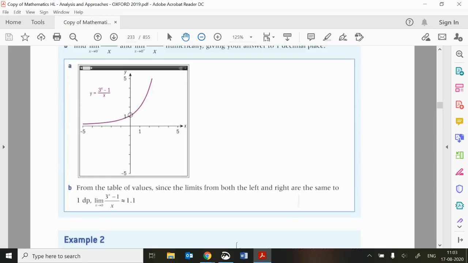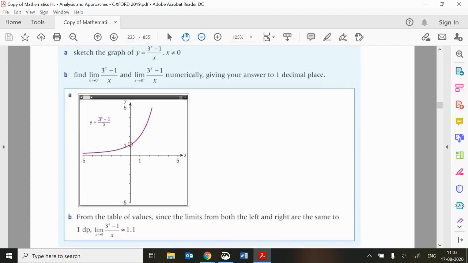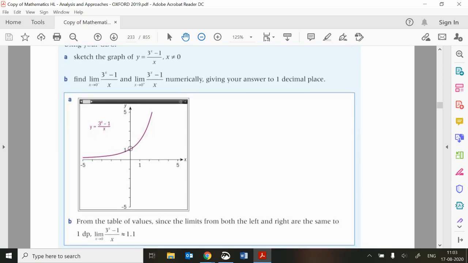Okay, let's just check with the table of values. So they're suggesting that you come up with a table of values. And you can come up with that by going to the statistics function and typing in your function, and then coming up with a list, a sequence of numbers there as well, essentially. I'm not going to do that now, but you can do it on your GDC as well.